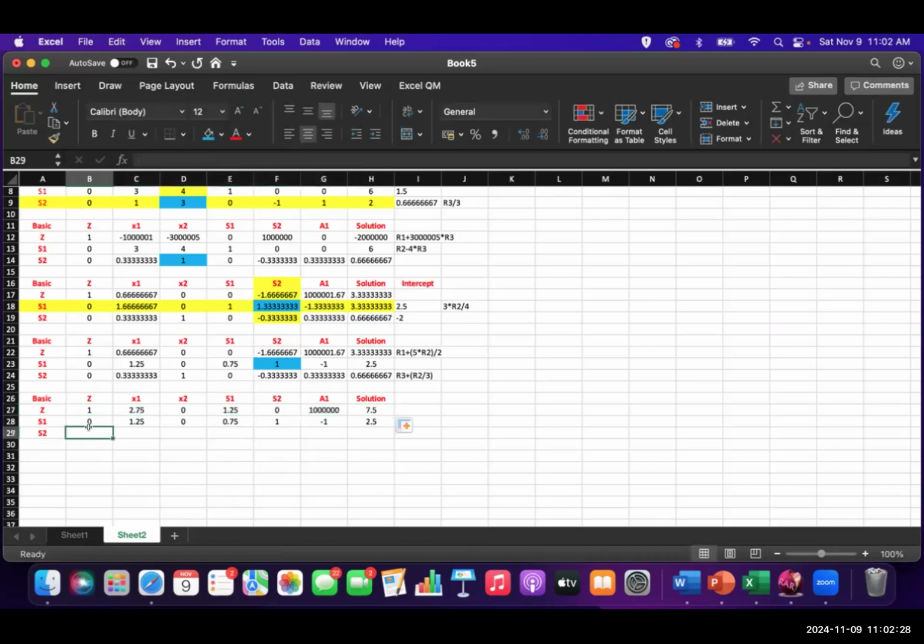And lastly, we have R3 and minus this one. We fix it, multiply it with R2. What happened? R2 should be R3. There.